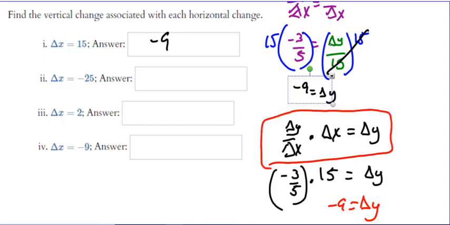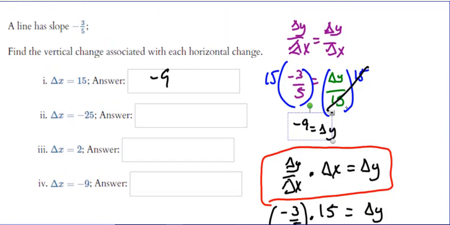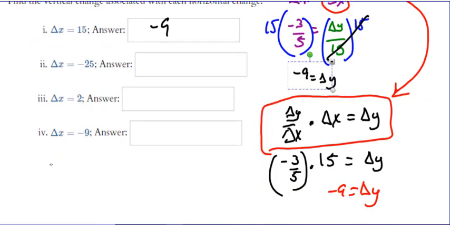But you can set it up as 2 ratios, right? Little proportion. But if you take this change in x here and multiply both sides by it, it really gives you that equation. So you just take these and just multiply them. So it'd be negative 3/5 times negative 25.